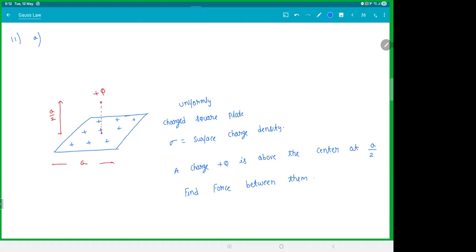What was the logic also? That is flux per unit perpendicular area. Here the lines are going at an angle.